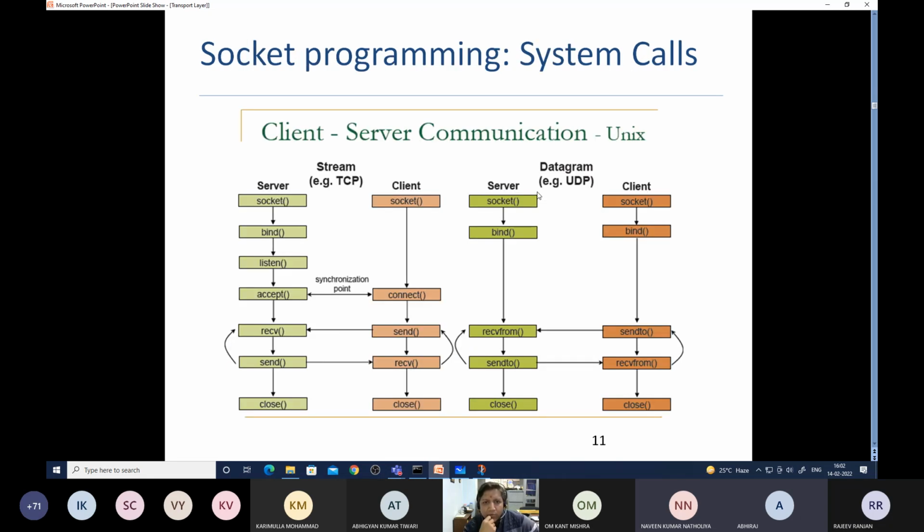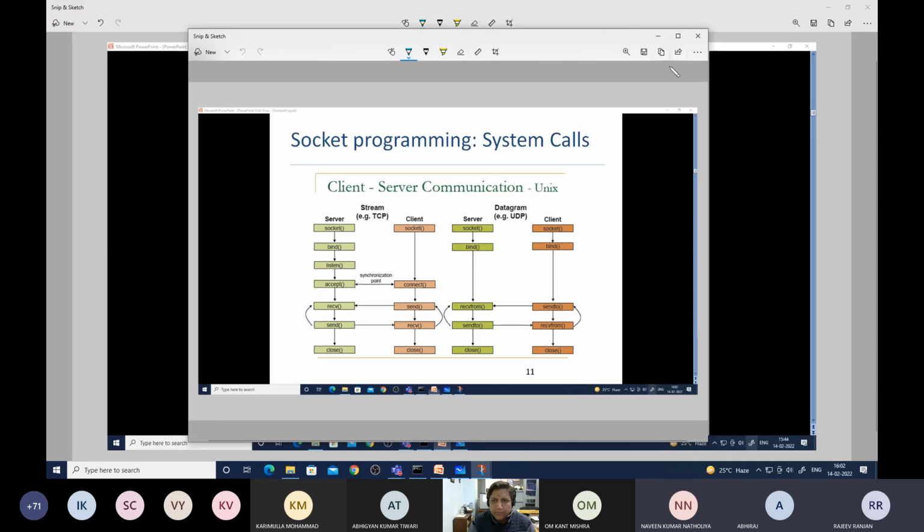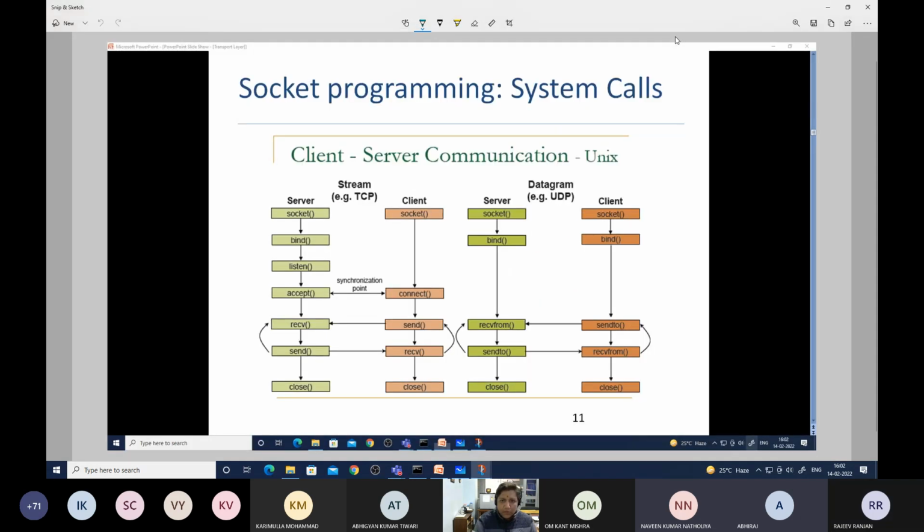Now this is what is going to happen in actuality. Please be with me. Let me take the snip. So let's see what is happening when you have a UDP kind of thing.